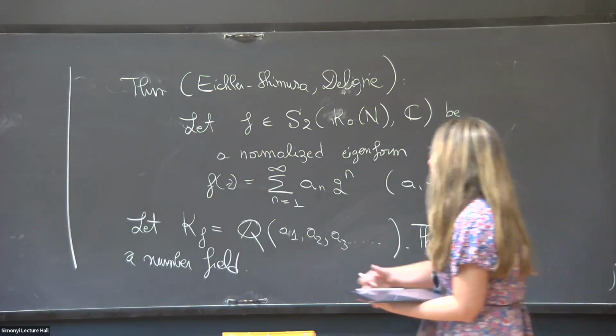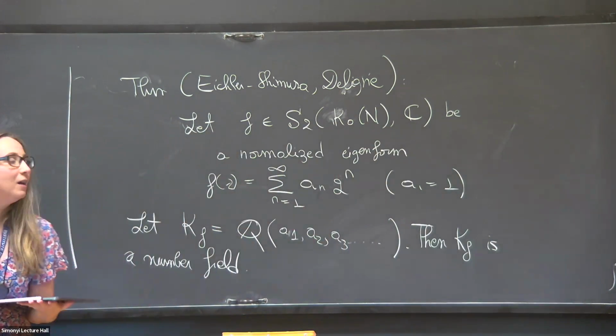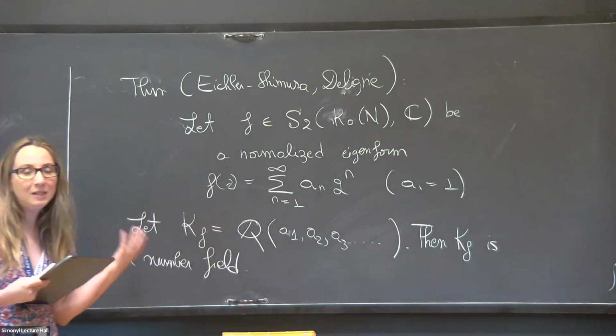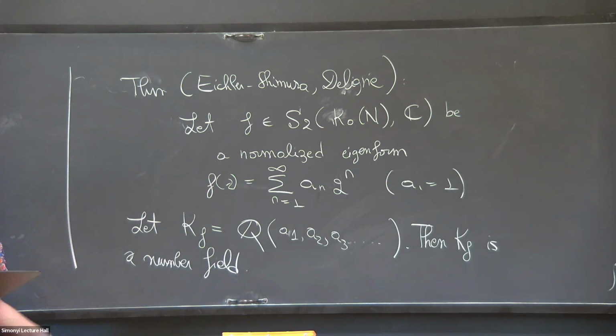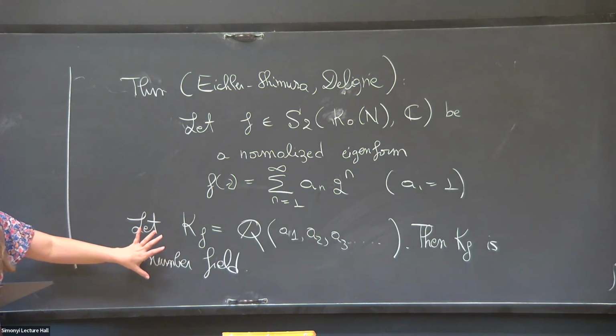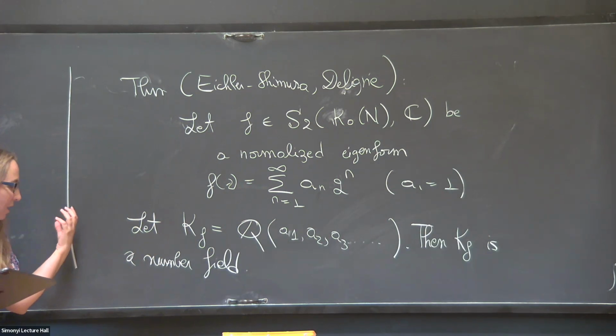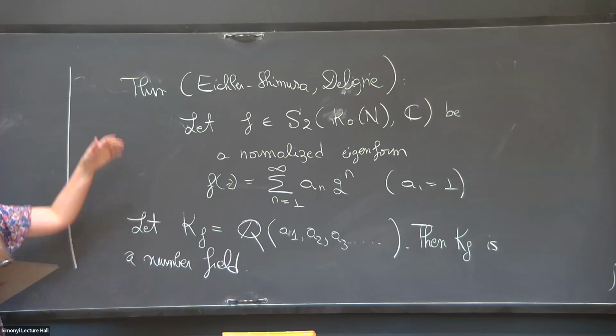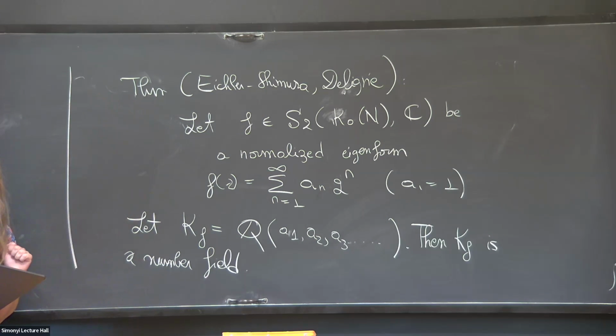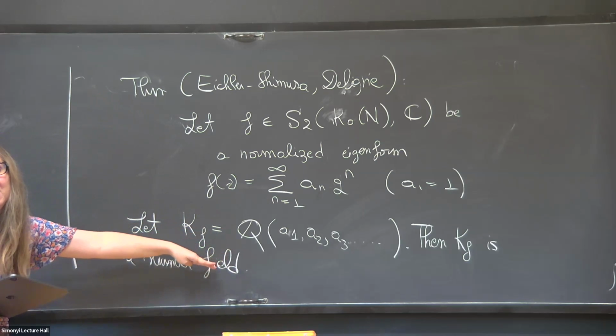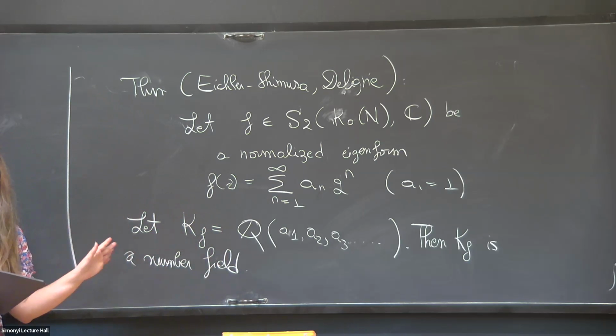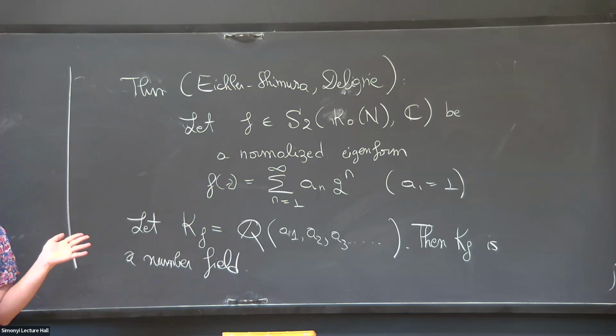So this isn't just Fourier coefficients, you should think of them as giving you systems of Hecke eigenvalues. And so the first thing is saying that the Hecke eigenvalues of this modular form of weight 2 are algebraic numbers. And in fact, they all live in some finite extension of the rational numbers.